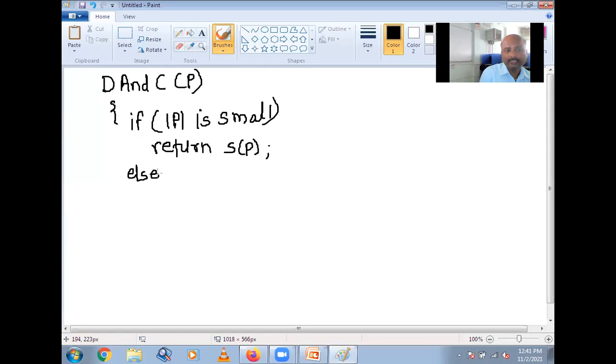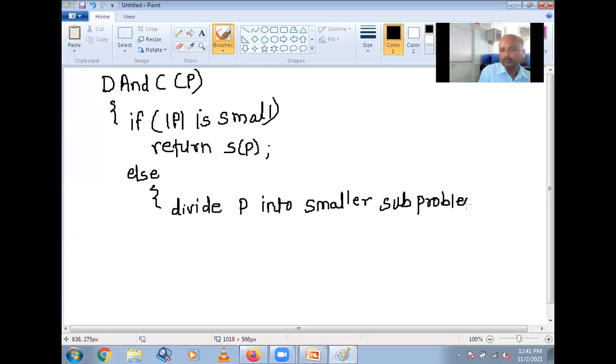Else, if the problem is big, then divide the problem P into smaller sub problems such that P1, P2, P3 up to Pk.